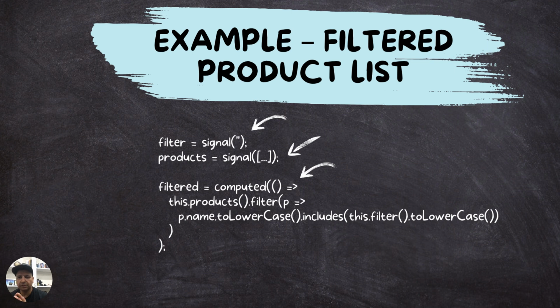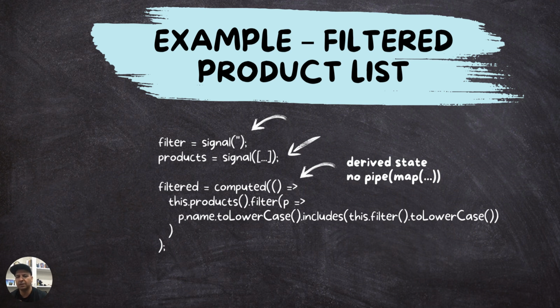So the interesting bit is filtered, which is a computed signal. This is how you build derived state. So when filter or products change, filtered recalculates automatically.